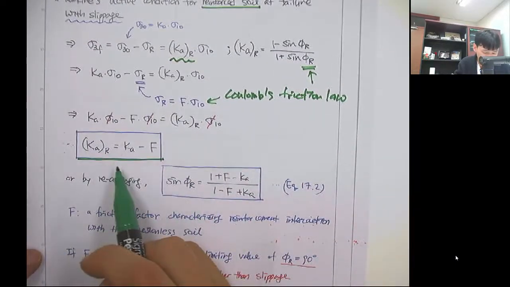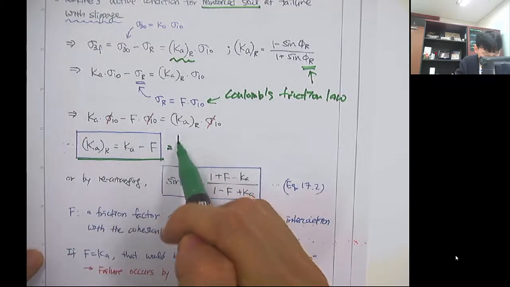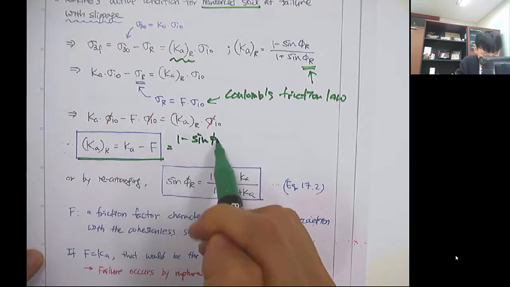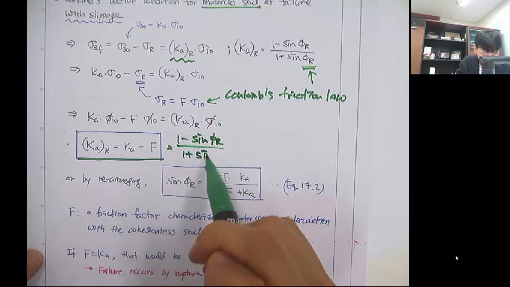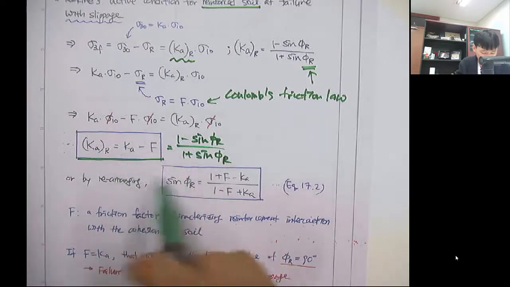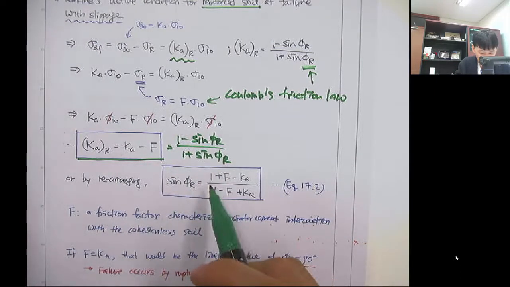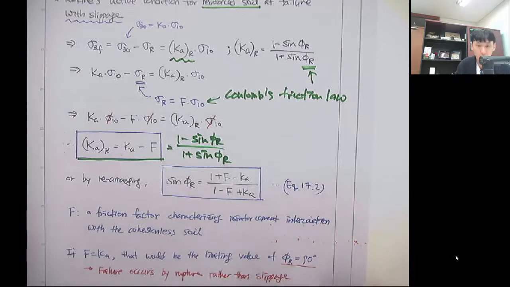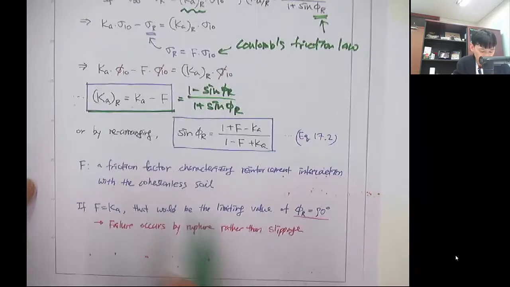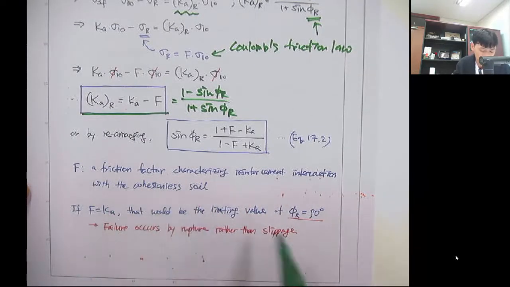And if you rearrange this equation, Ka will be (1 minus sine phi r) over (1 plus sine phi r). Then by rearranging, sine phi r will be (1 plus F minus Ka) over (1 minus F plus Ka). Here F is a friction factor characterizing the reinforcement interaction with the cohesionless soil.